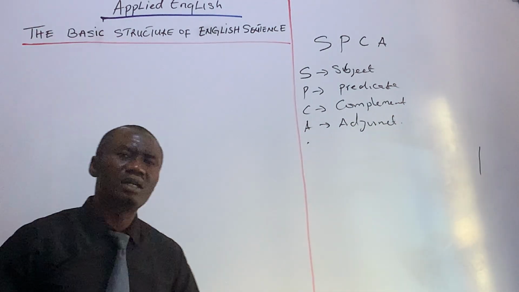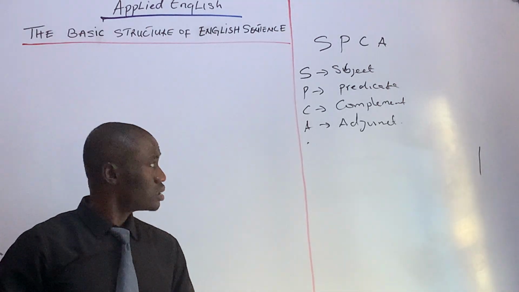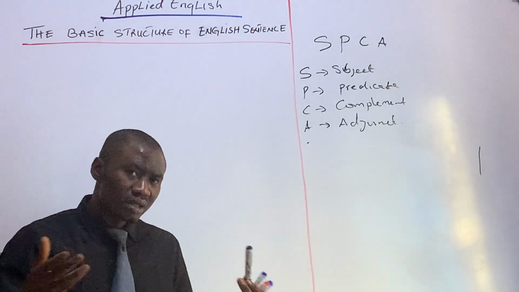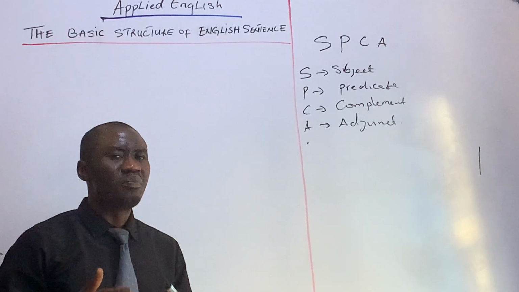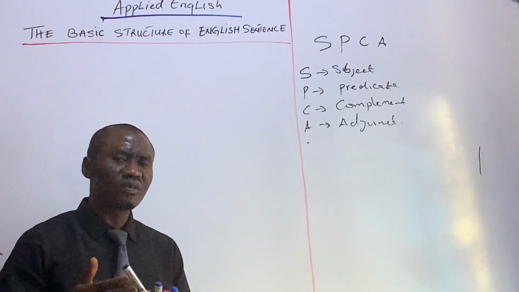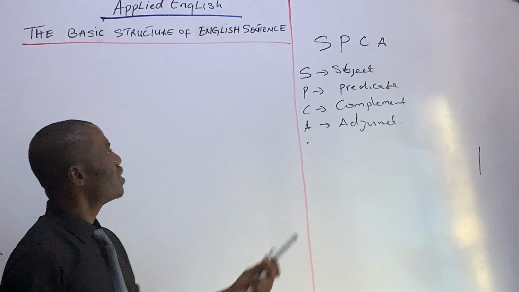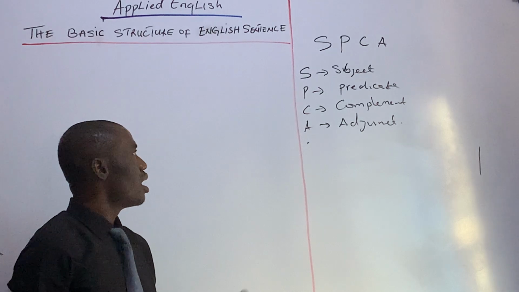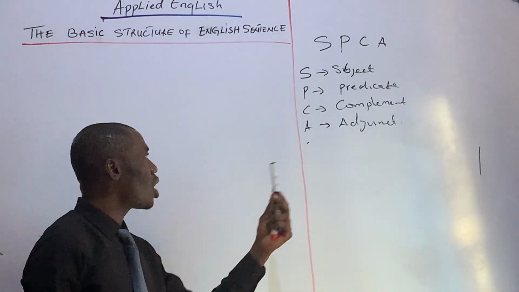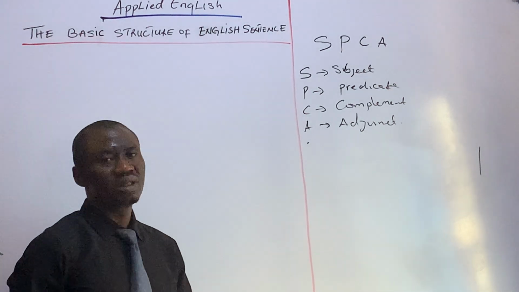A good English sentence, simple sentence, complex sentence, depending on the one you want to form, should have a subject, a predicate, a complement, and the adjunct.